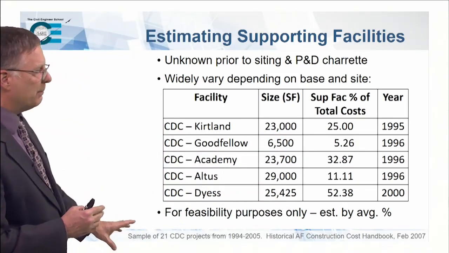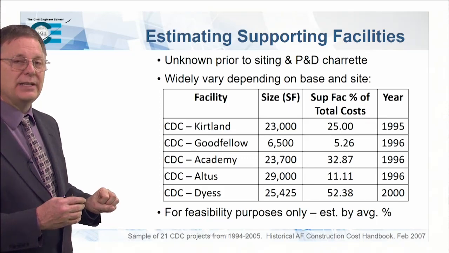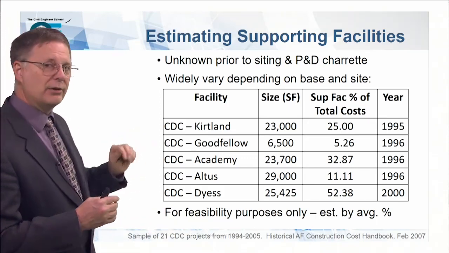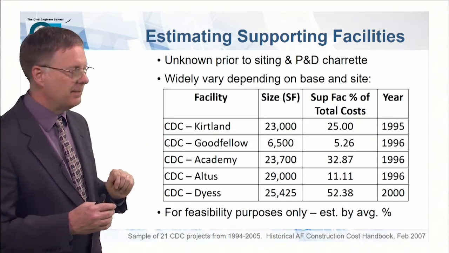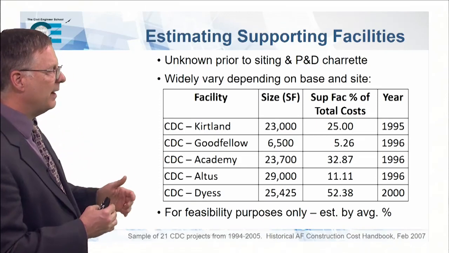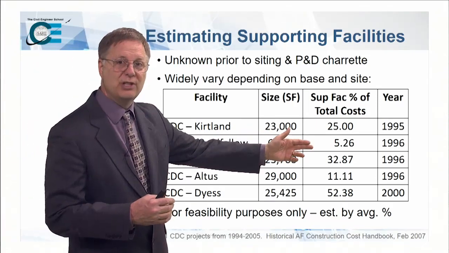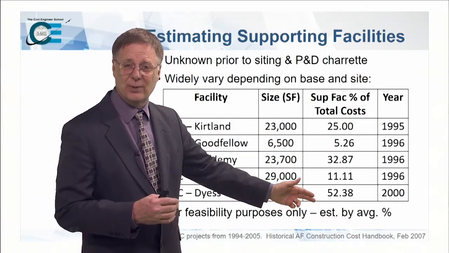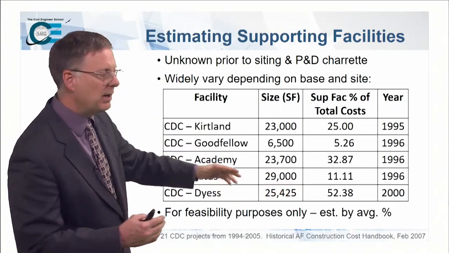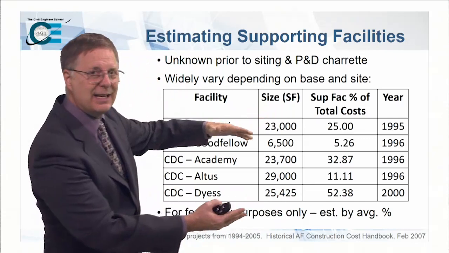See, for example, 21 different projects over a 10-year time period in this particular sample of child development centers. That's what a CDC is. If I look at those child development centers over those 21 different projects, I find, well, there's one that's 5.26%, but then there's one with 52.38% supporting facilities. But overall, I can say here's what the average is.